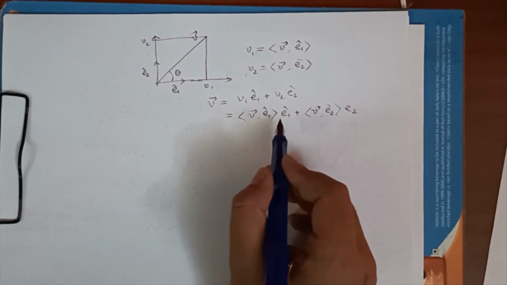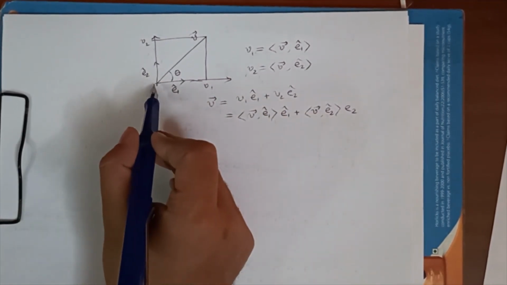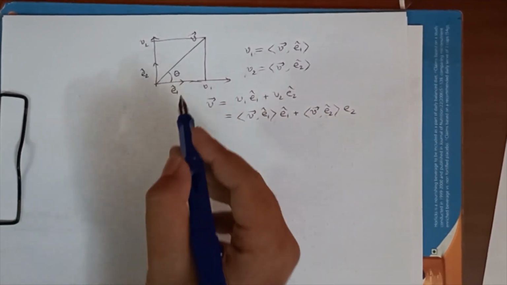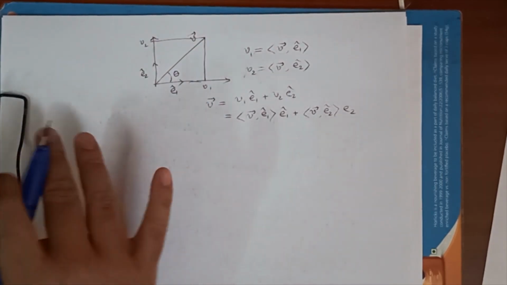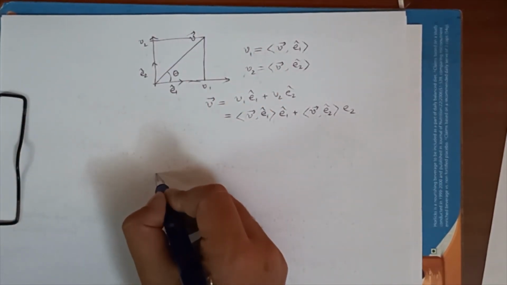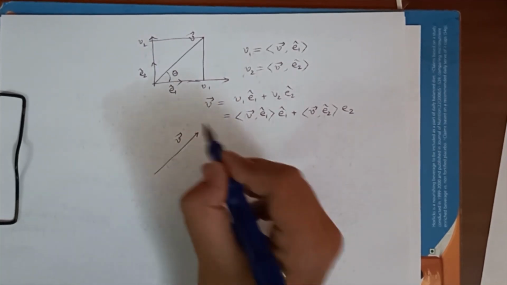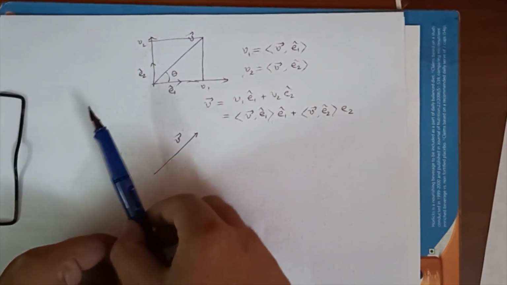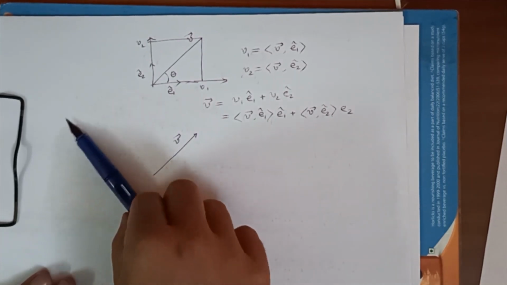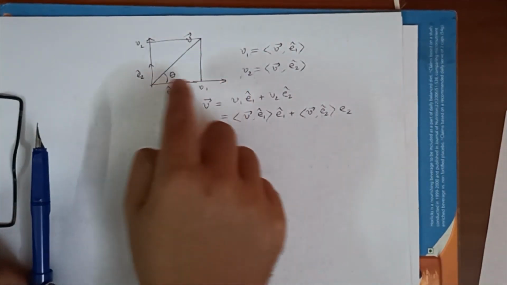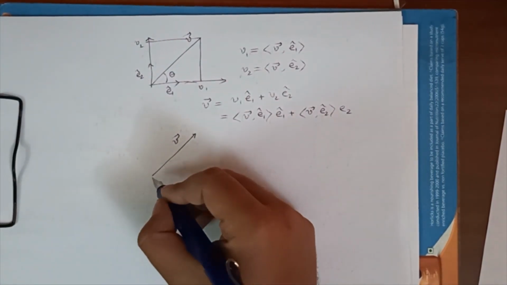This can be arbitrary because E1 and E2, nobody is saying that it has to be this direction, but the vector is fixed. In the geometric plane, when I say a vector, this vector is fixed. What I can do, I can rotate the coordinate axis. That is not fixed. So this was one way of representation. I can change the representation direction.